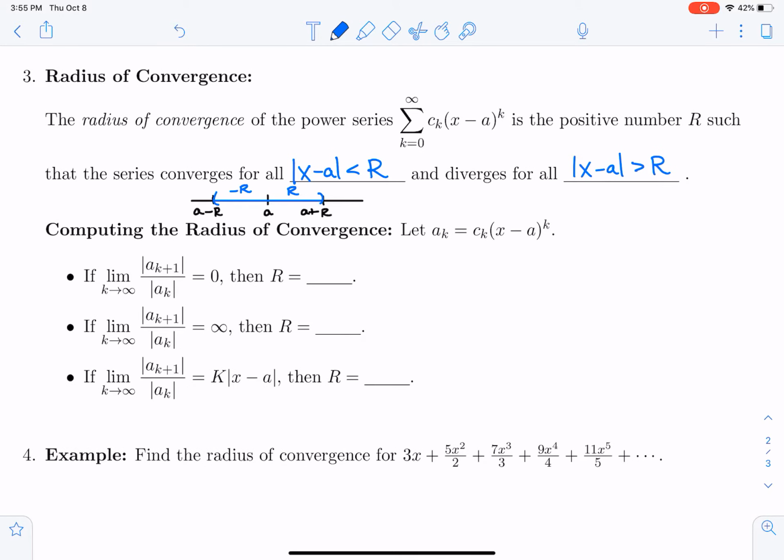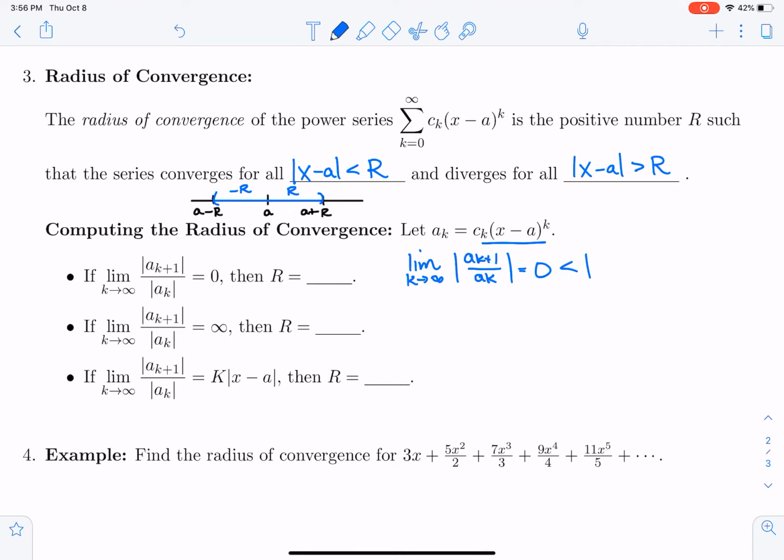Now, there are three cases that can occur when we're looking at computing the radius of convergence. Let a sub k be our terms in the sequence. If the limit as k goes to infinity of a sub k plus 1 over a sub k is equal to 0, then by the ratio test, that's always less than 1.